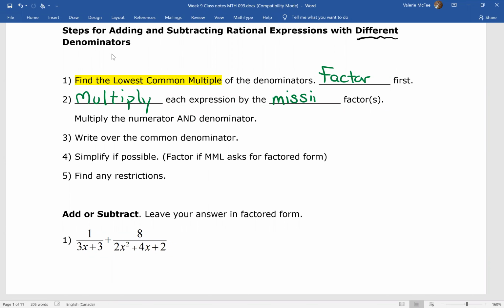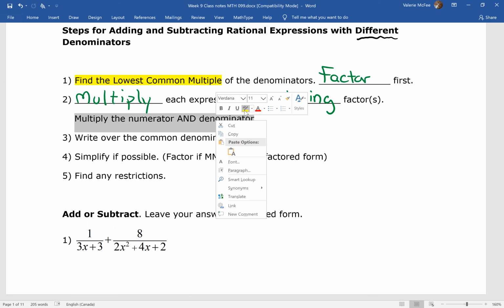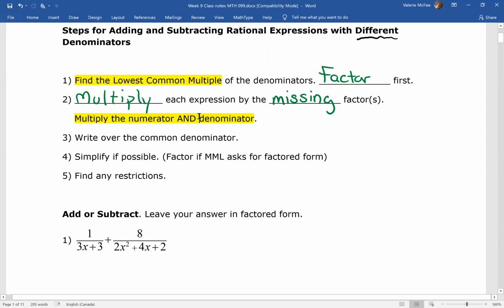Remember at the end of the last lecture, I asked you to find the factors that were missing from each polynomial. We're going to do that. We're going to multiply the numerator and the denominator by the missing factor or factors. That means we're multiplying by 1.